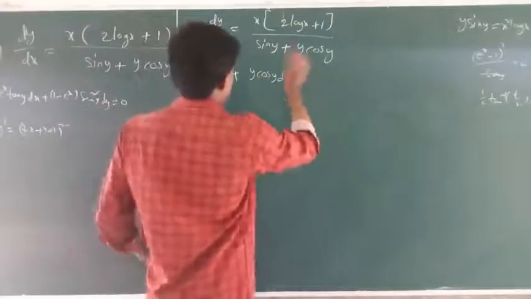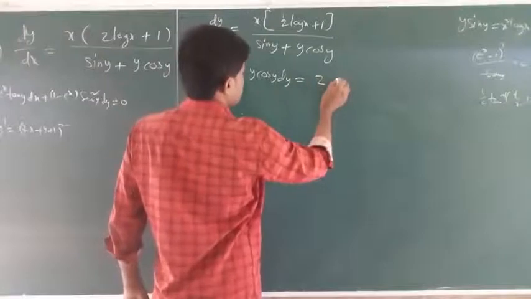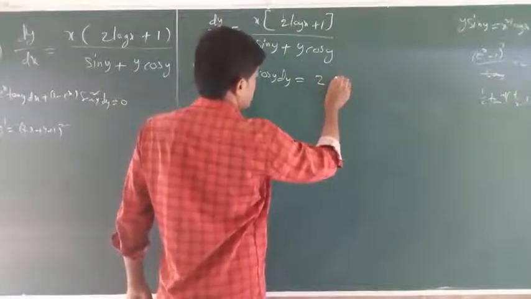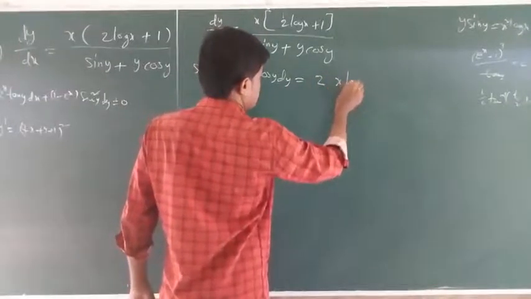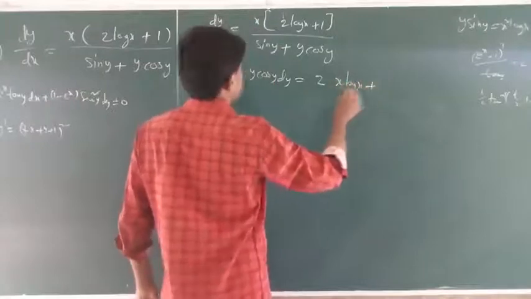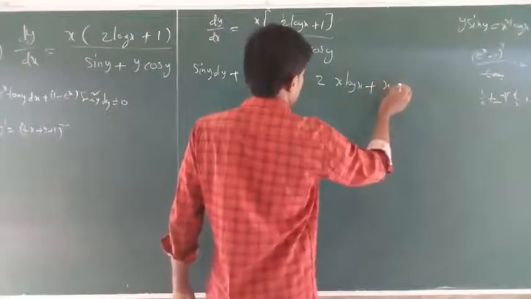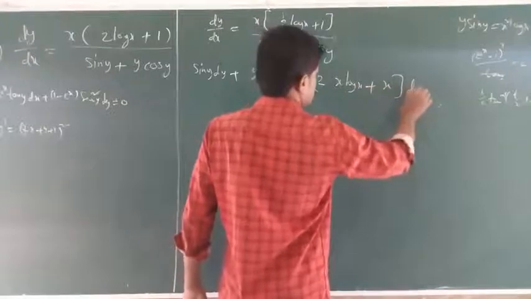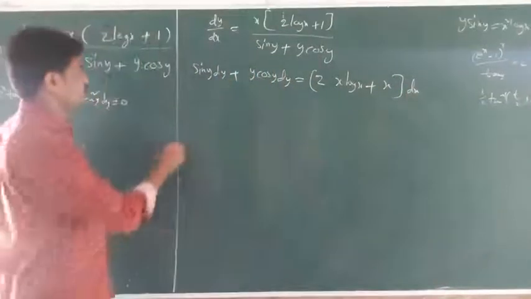equals, this side, x into (2 log x plus 1) dx, that is 2 x into log x plus x into 1, dx. Next, integration on both sides.